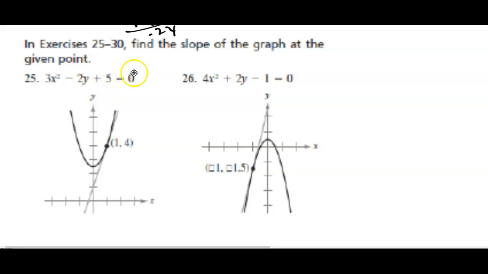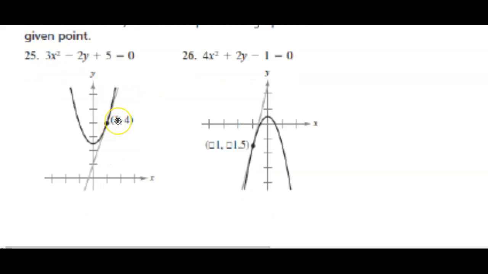Alright, right here, find the slope of the graph at the given point. So what's the given point? 1, 4, so there we go. For 25, we're going to derive this. So 6x minus 2 dy over dx plus 0 equals 0.